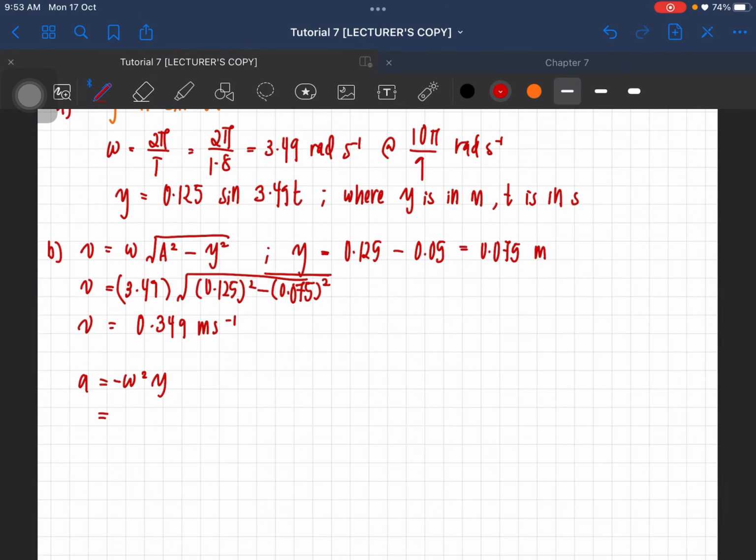I choose not to add the negative just to prevent any confusion. So this is 3.49 square, y is equal to 0.075. This will be equal to 0.914 meter per second square.